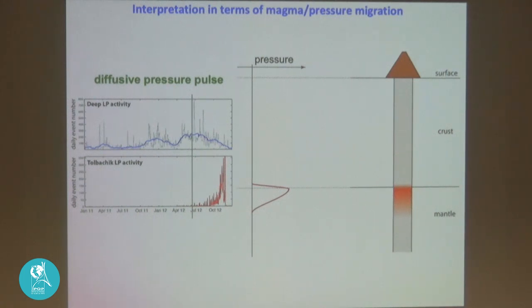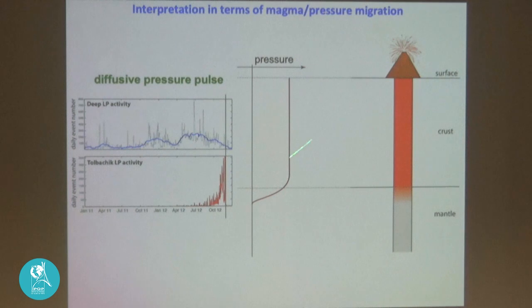Then it propagates further. So this is when the activity at depth starts to decrease, but activity close to the surface starts to increase, and it propagates further. At some point it reaches the surface, and this is when the volcano erupts. Okay, so this is a very simple, but we believe plausible interpretation.